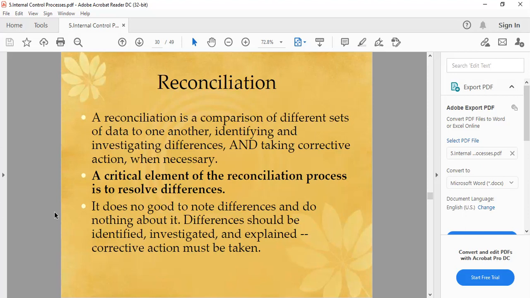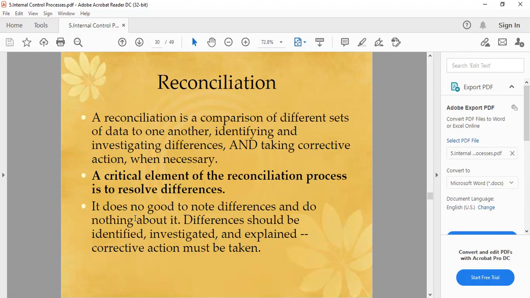A critical element of the reconciliation process is to resolve differences, right? Because in reconciliation, you would be able to check if there are differences in two or more records, schedules, or statements. However, it is no good to note differences and do nothing about them. This is a good statement. If there are differences, we would be asking why, what caused the differences or what causes them to occur.